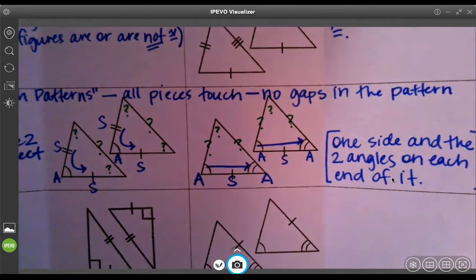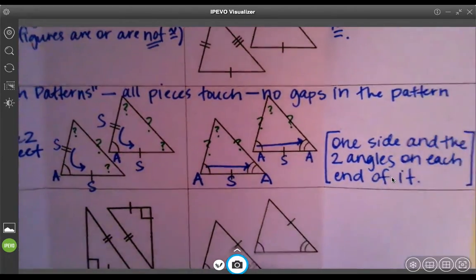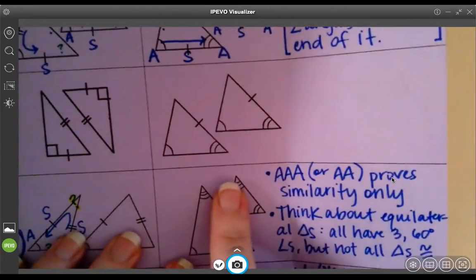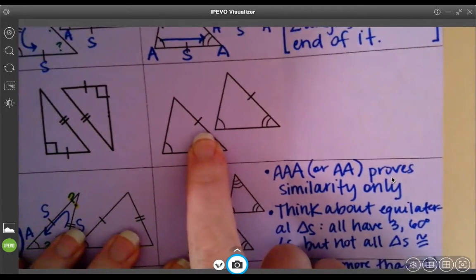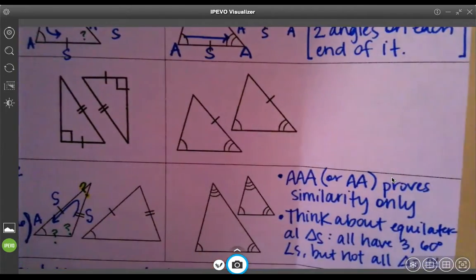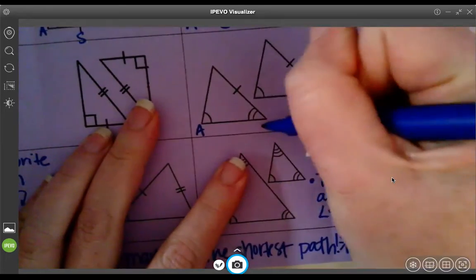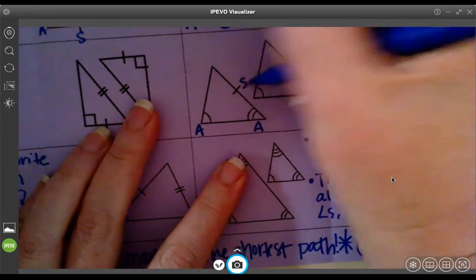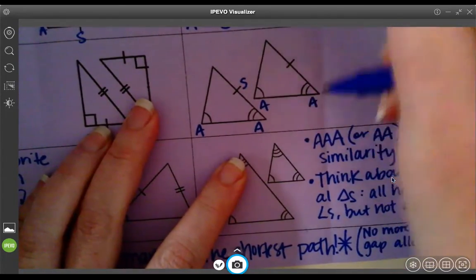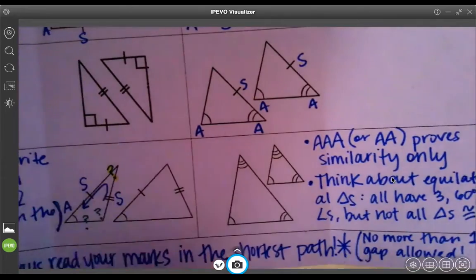So you really have three different ways to remember how to identify these two particular patterns. And that's nice because when you slide down here, this one has two A's and an S also. So let's look and see how this one is different. There's an angle, and there's a side. And then let's look at our gaps.